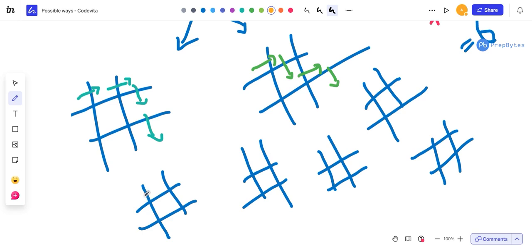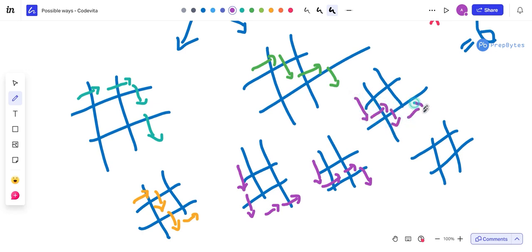And we'll start from right, go down, go down, go left. So that's the other way. We start from down, you go down, you go left, so right and right. Then you go down, you go right, you go right, you go down. So another way, you go down, you go right, you go right, you go left.